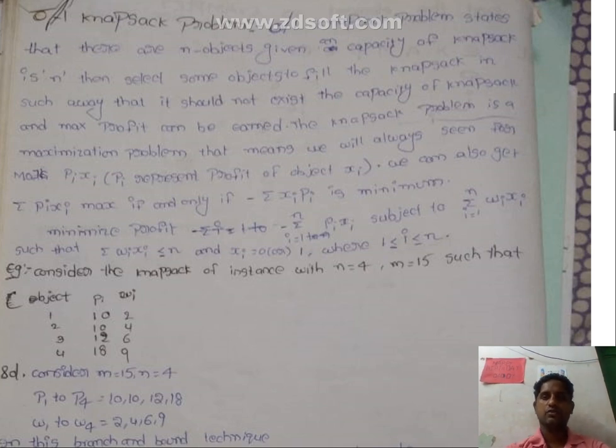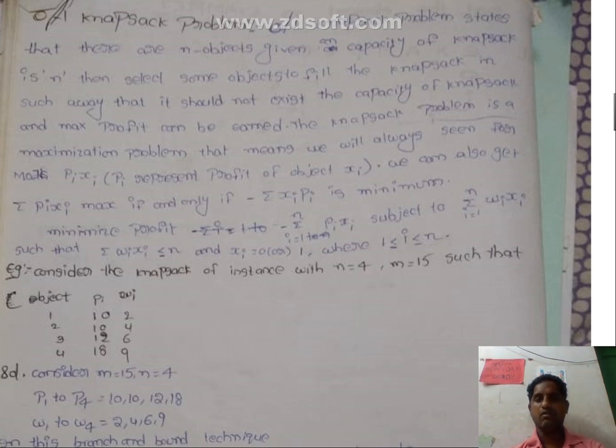So the 0-1 knapsack problem states that there are n objects given and the capacity of the knapsack is m. Then select some objects to fill the knapsack in such a way that it should not exceed the capacity of the knapsack and the maximum profit can be earned. The knapsack problem is a maximization problem.